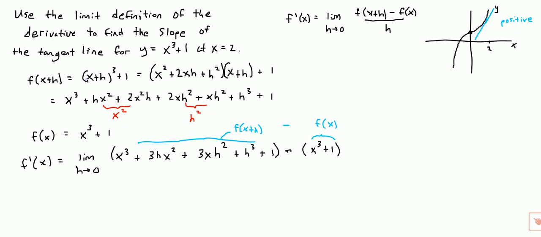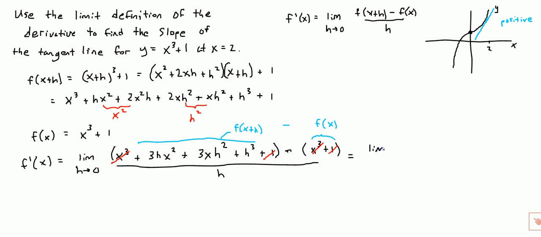And then this is all divided by h. So a lot of algebra, right? So this has a positive x cubed and this has a negative x cubed, so those go away. Plus 1 minus 1. Okay, so we have some cancellations.